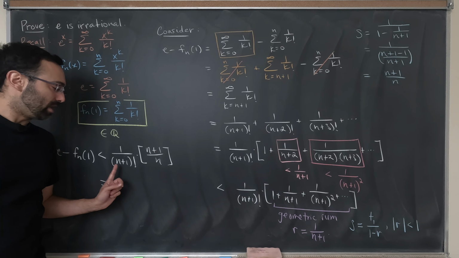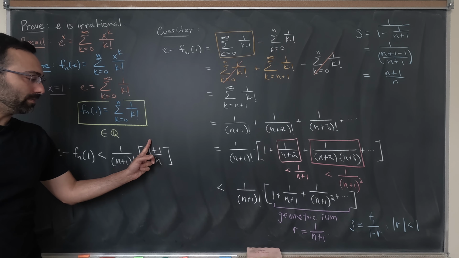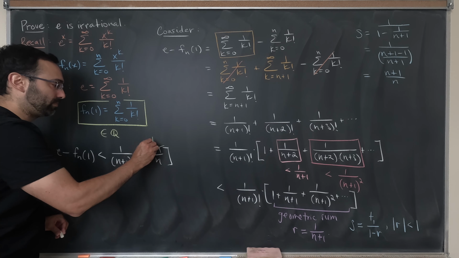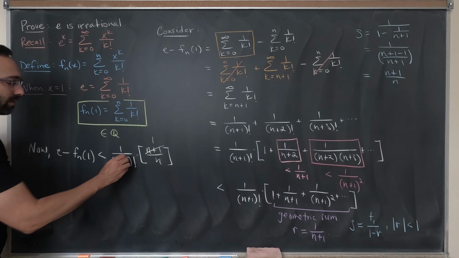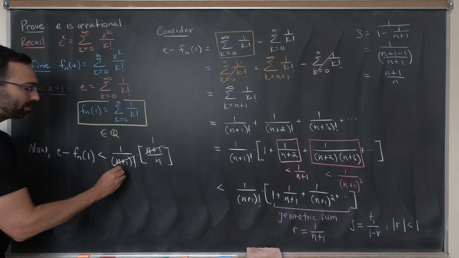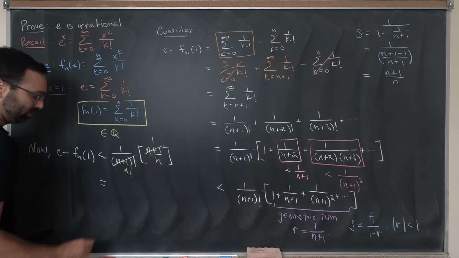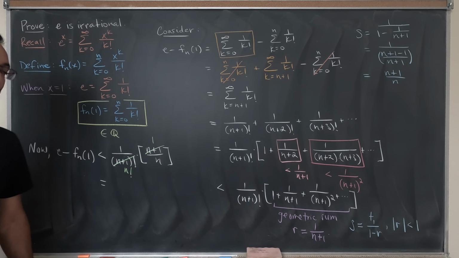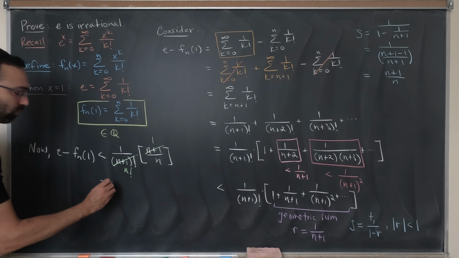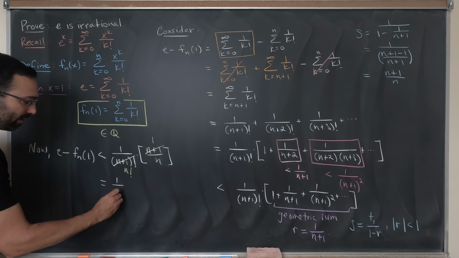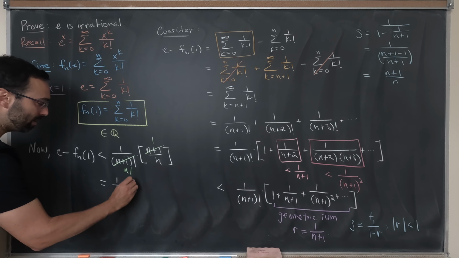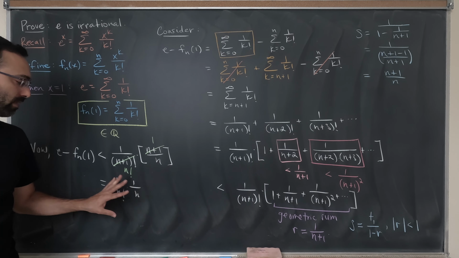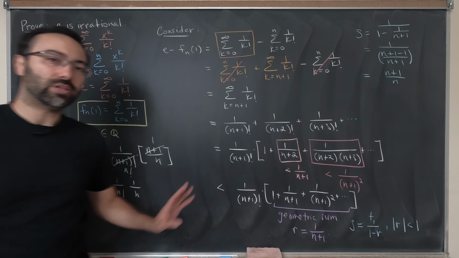So the n plus 1 here cancels with this one here, leaving us with 1 up top. And down here, the n plus 1 goes away, but we're left with all quantities from n downward in our n factorial. So we're left with 1 over n factorial times 1 over n. Okay, perfect.